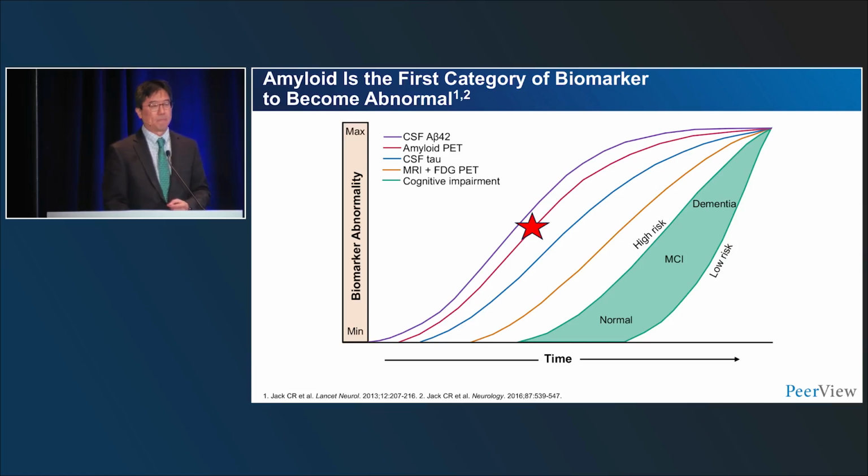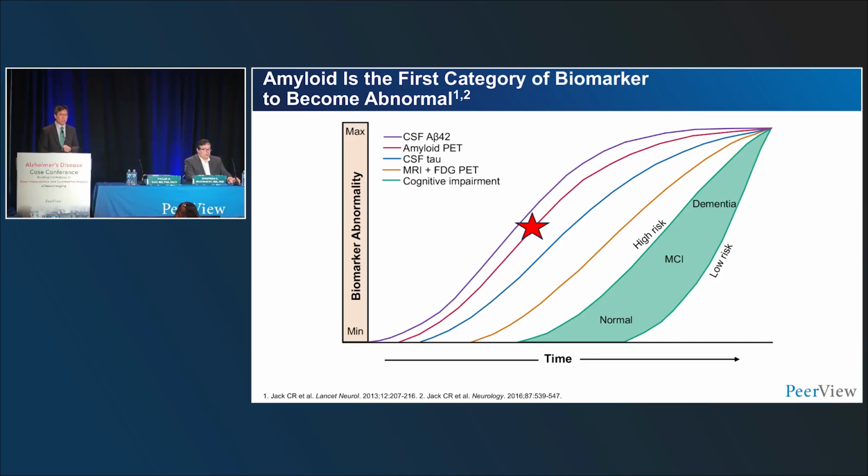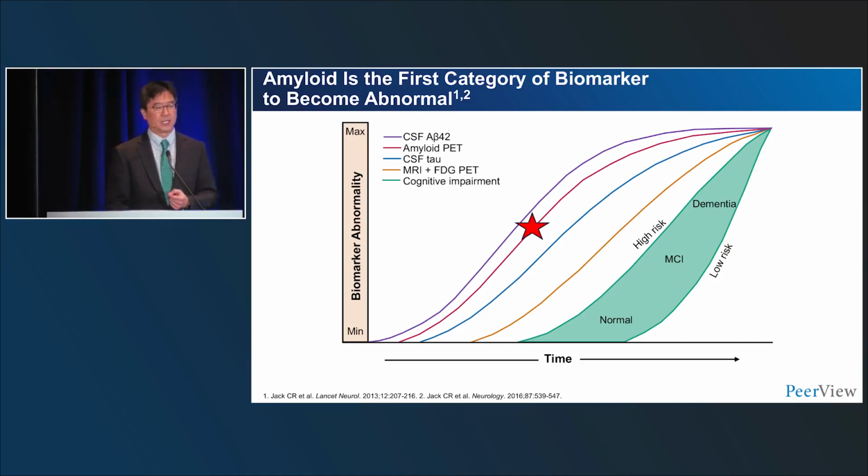Of course, we know that there's much more going on in the brain besides what we can see from the outside of a patient clinically, and what we hear functionally is their capabilities. And so there's this real movement to categorize patients with biomarkers. The first biomarker to become abnormal in Alzheimer's disease is that pathologic protein amyloid that gets deposited in the brain.